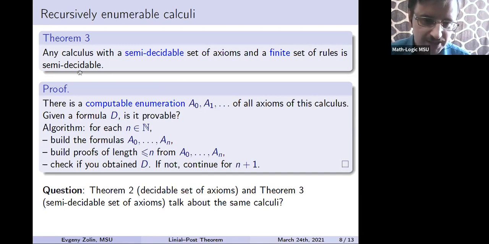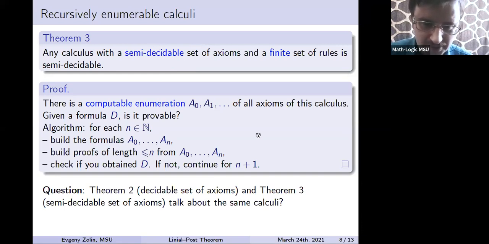Namely, if we have some calculus with a semi-decidable set of axioms, can we transform it into another calculus that has a decidable set of axioms and the same set of theorems? So I will leave this question to listeners to think about.